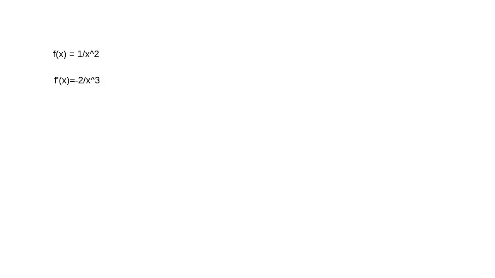Then f double prime of x equals negative 3 times negative 2, which is 6, so 6 over x raised to 4. f triple prime of x equals negative 4 times 6, negative 24, divided by x raised to 5.